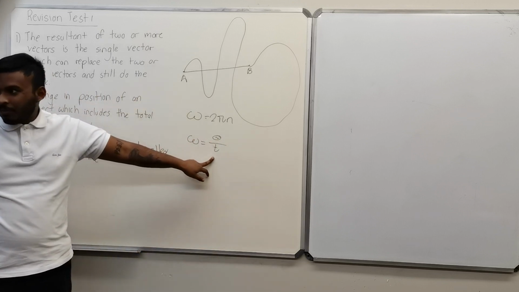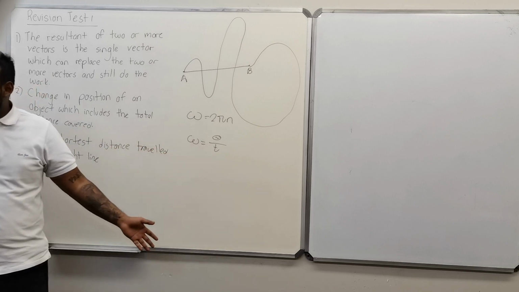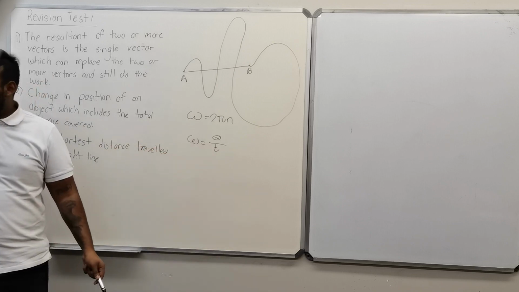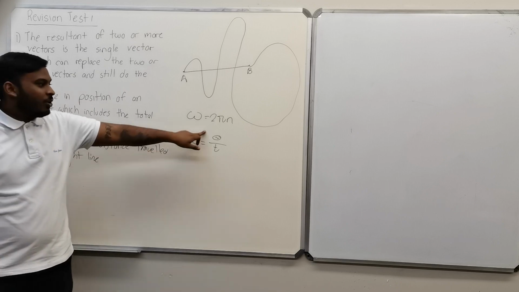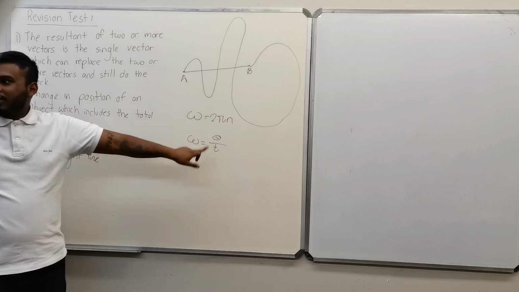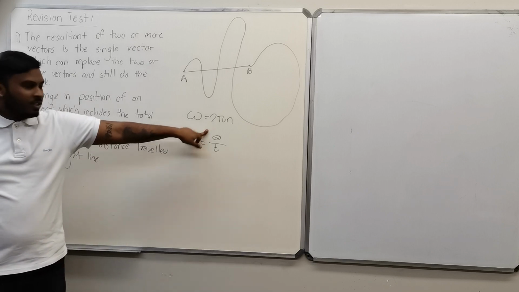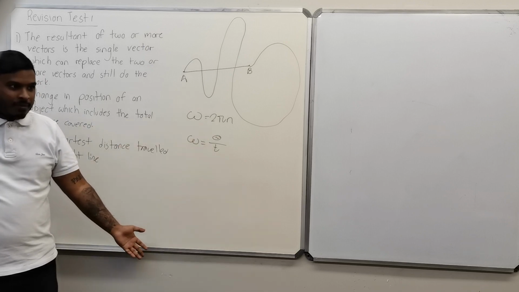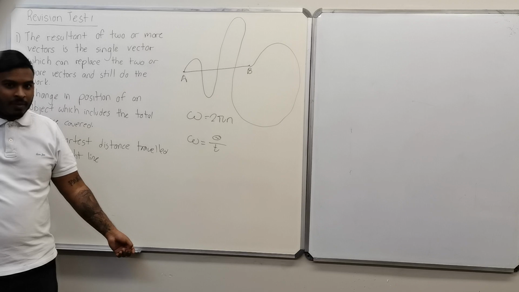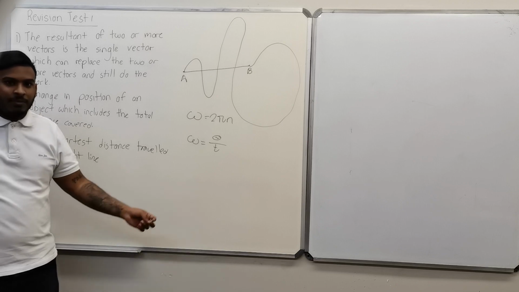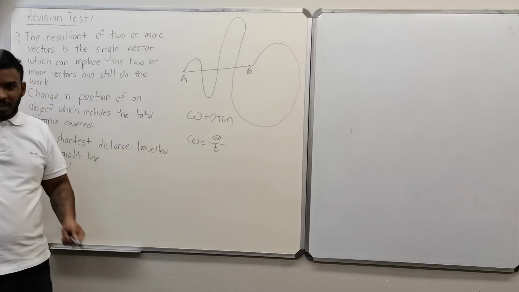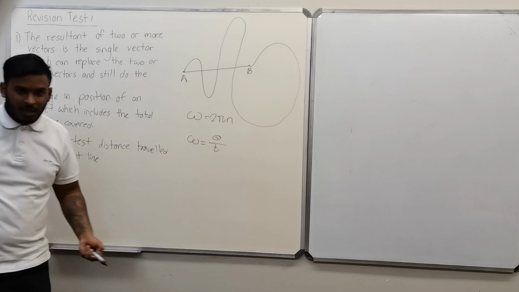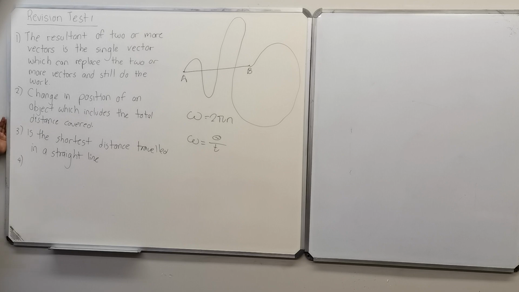Anything over time is the rate of something: per second, per minute. So it's the rate of angular displacement, the rate of change by which an angle is formed. Angular displacement is that angle in radians.